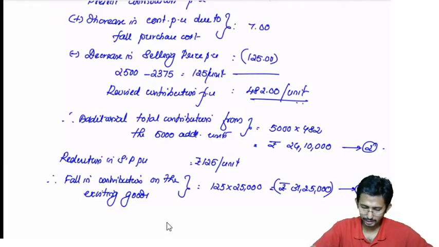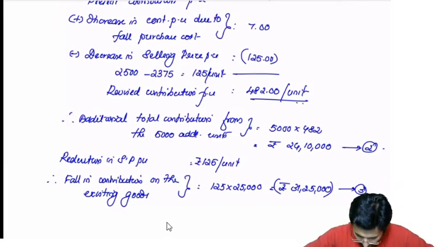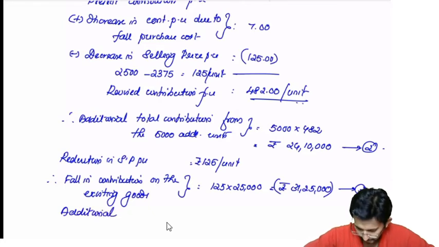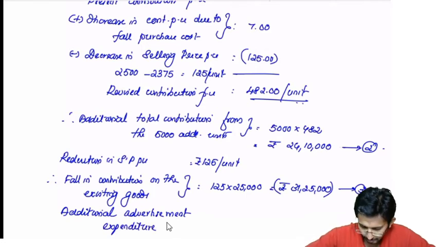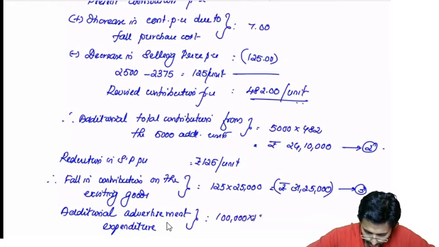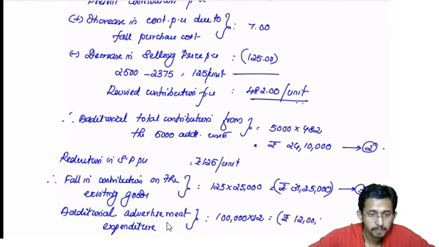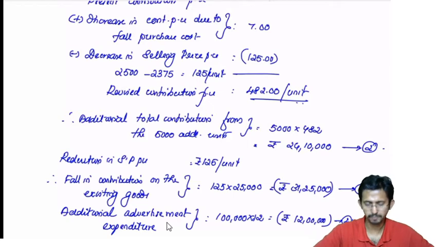So what's happening here is, and also there is additional advertisement expenses. That is 1 lakh per month into 2, that is rupees 12 lakh. This is 4.